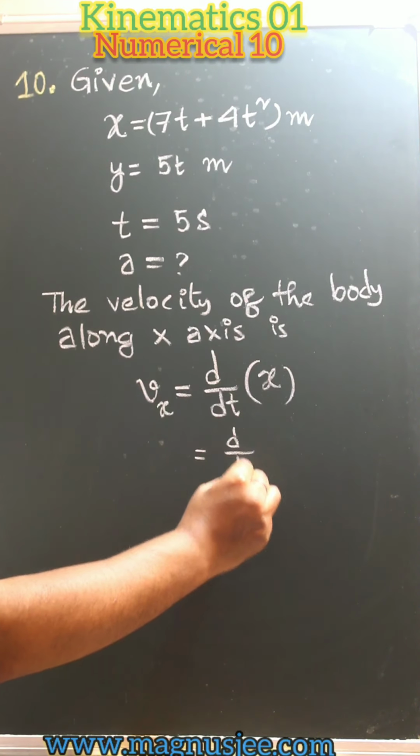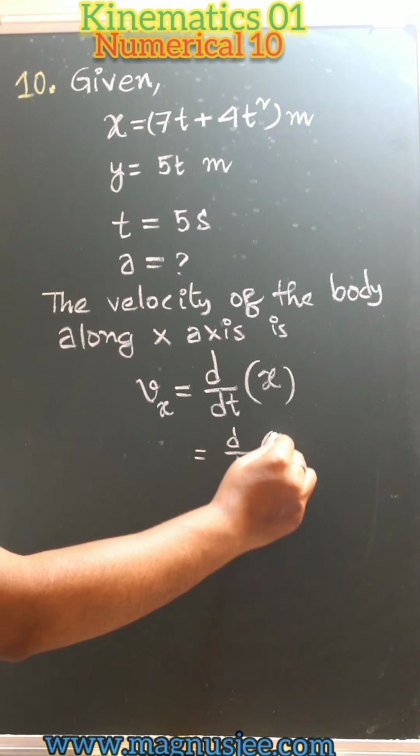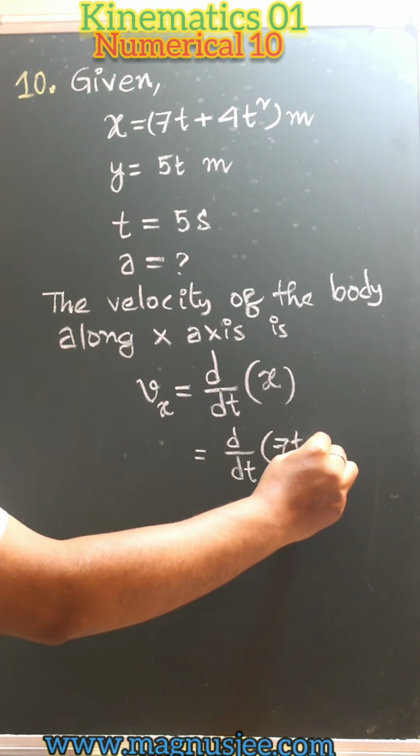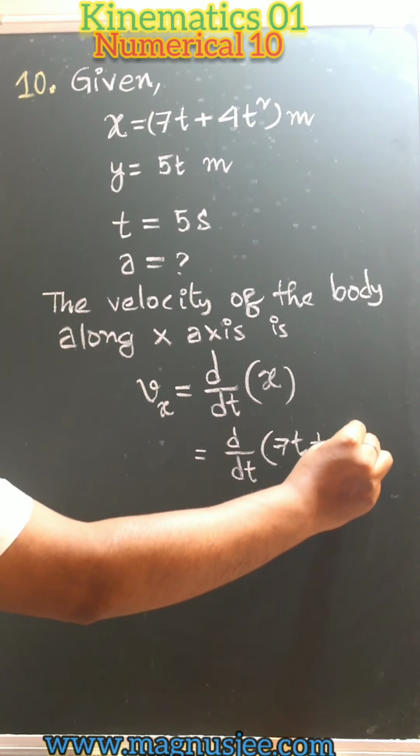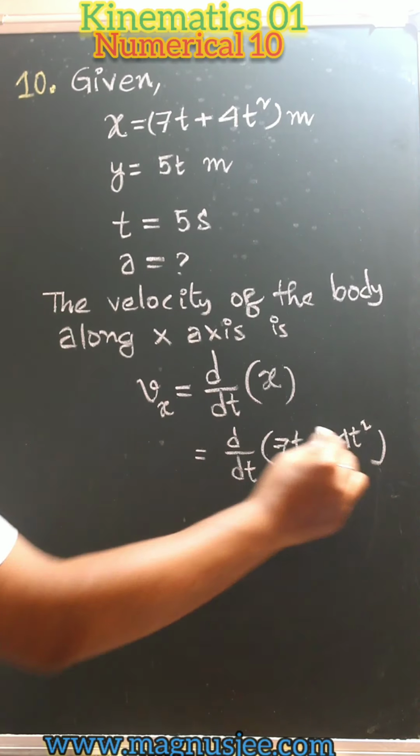Putting the expression of x, Vx equal d by dt of (7t plus 4t square).